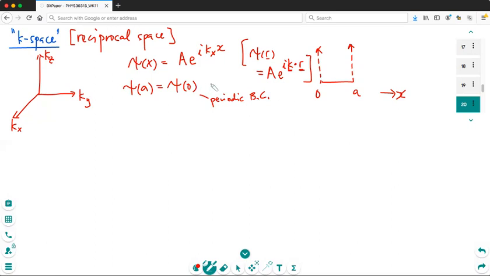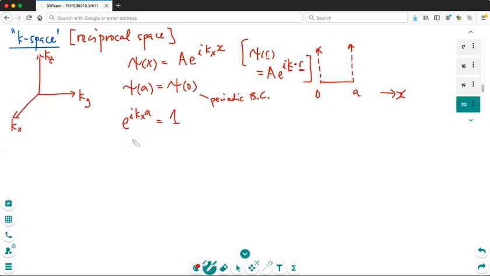This very small step makes the whole difference. Here we don't demand that. You plug this in, A cancels, right? You get e to the i kx A is 1, and the other side is e to the i0, so that's 1.